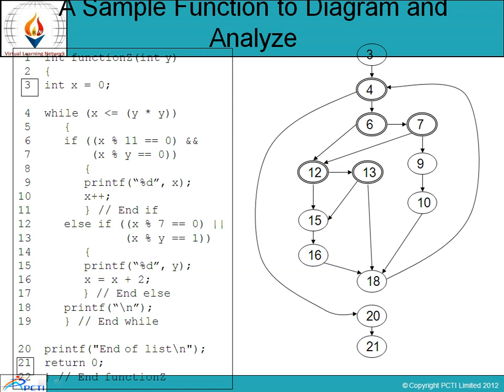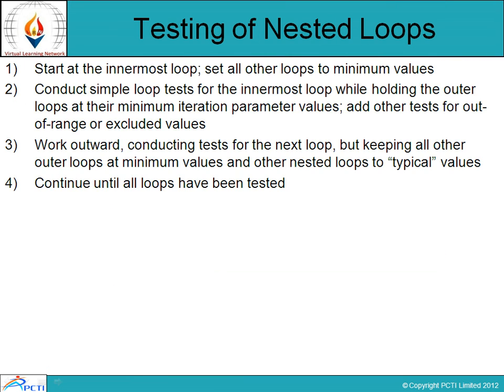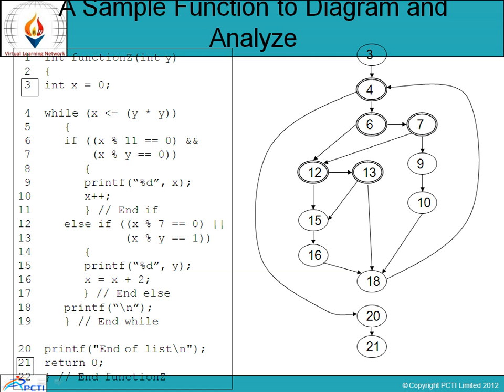Initialize to 0, it starts where the condition is checked, and take the decision at 4. After 4 you move to 6, where the condition is checked. If the condition is true, it moves according to 12 and 7. If the condition is true, it will move to 12, and from 12 again check the condition and move according to 15 and 13, and similarly here, and finally reach 21.